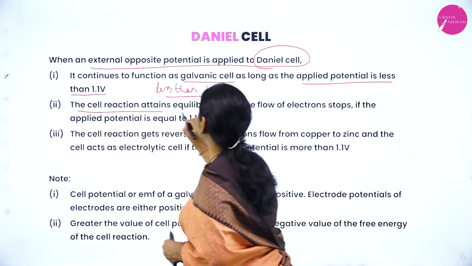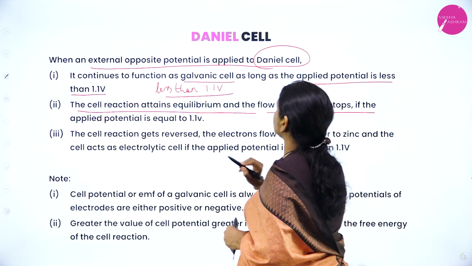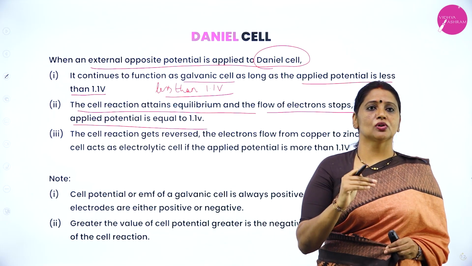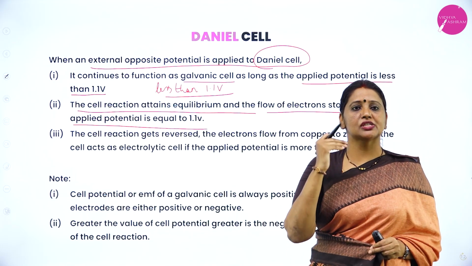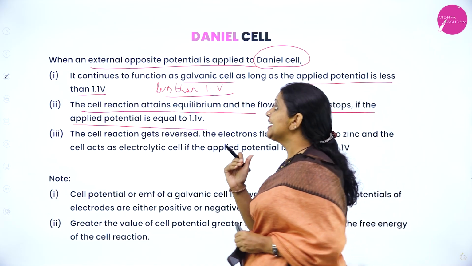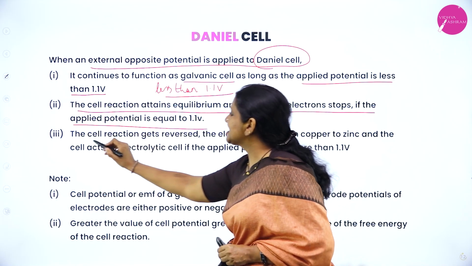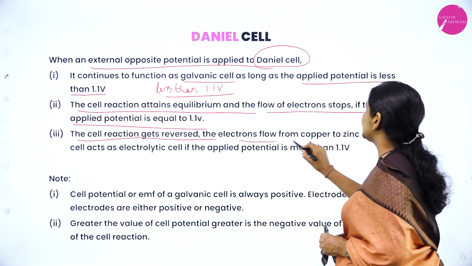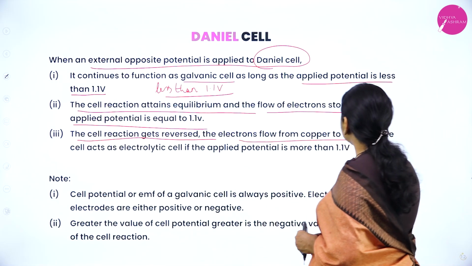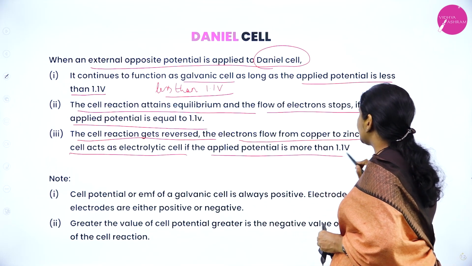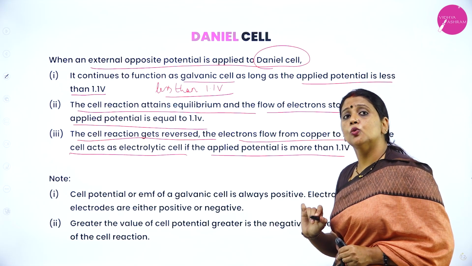The cell reaction attains equilibrium and the flow of electrons stops if the applied potential is equal to 1.1 volt. If the applied potential value is equal to 1.1 volt, it acts as what? Flow of electrons stops. The cell reactions get reversed. That is, electron flow from copper to zinc and the cell acts as an electrolytic cell when the applied potential is more than 1.1 volt.